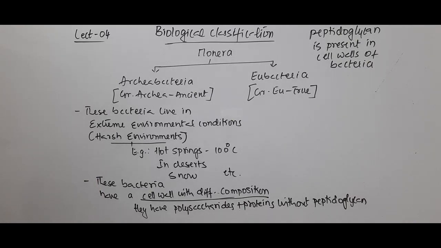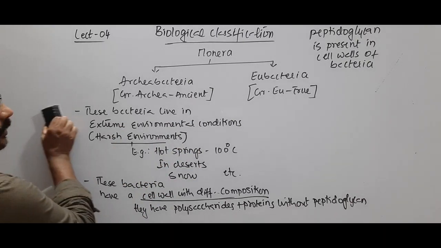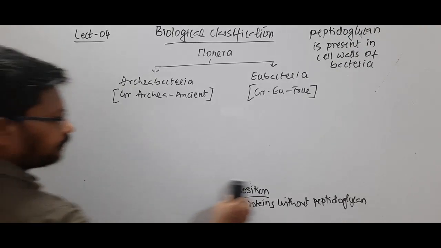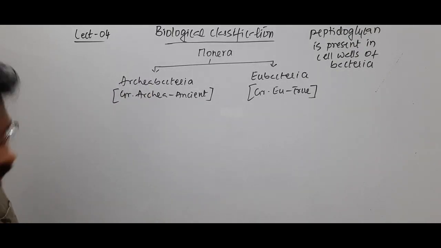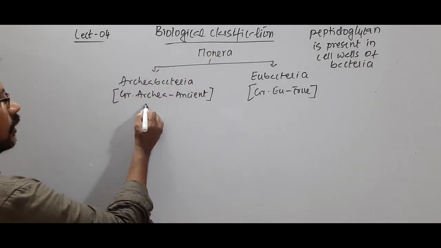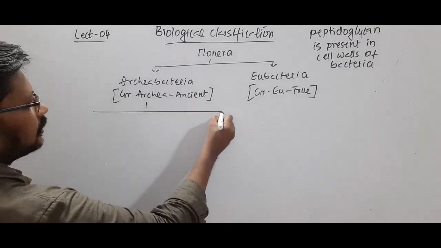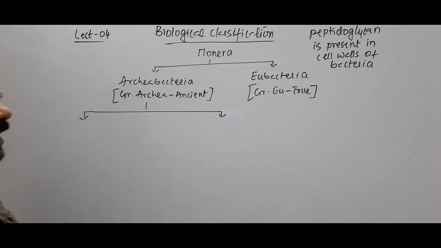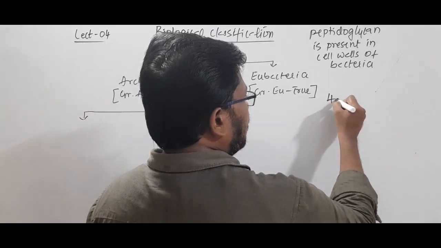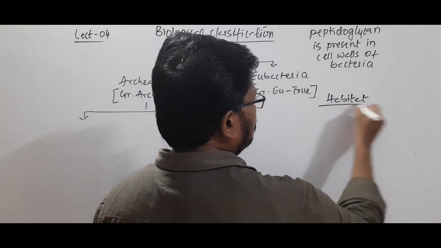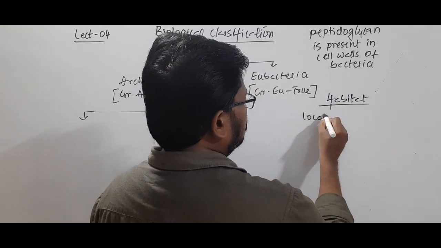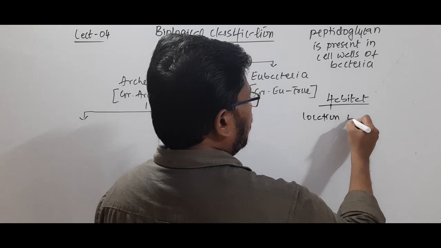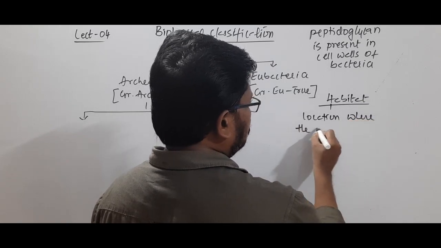Now these archaeobacteria are classified into three different categories depending on the habitat. Habitat means the location where the organism lives.